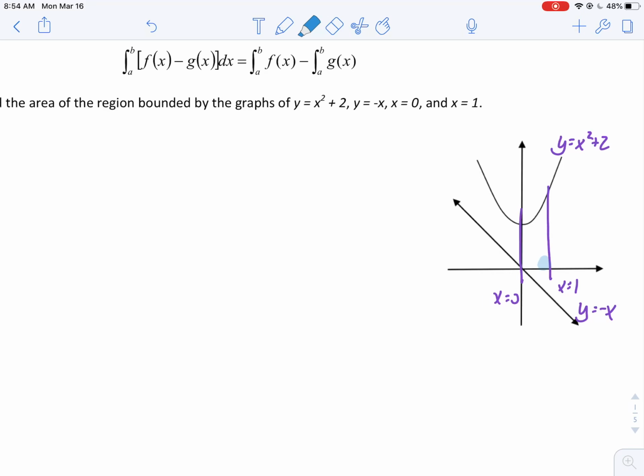So for this example, what we're finding is the area of this blue region here.